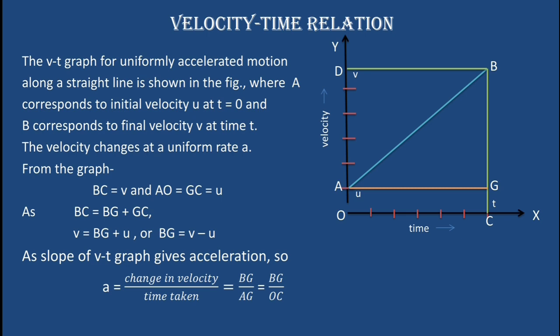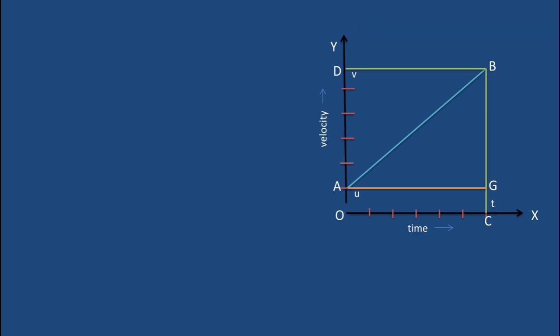So we have the formula for acceleration. Acceleration is equal to BG upon OC. Now putting the values, OC is equal to small t and BG is equal to V minus U in the earlier equation of acceleration as BG upon OC.